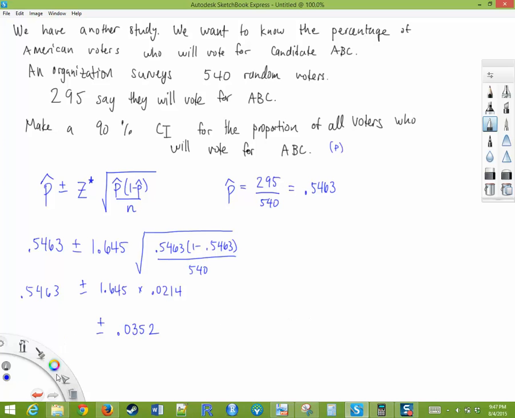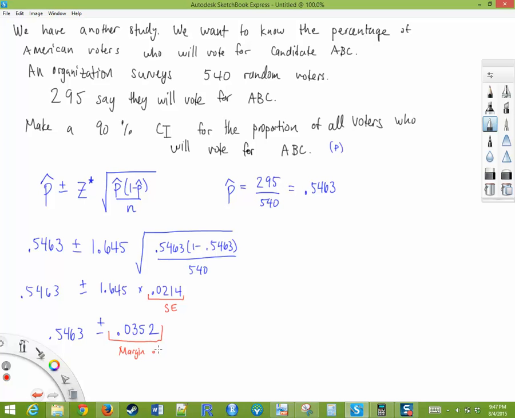All right, so maybe just quick questions. What is the value of the standard error? 0.0214. This is the standard error. And what is 0.0352? What is this thing called? This is called the margin of error.